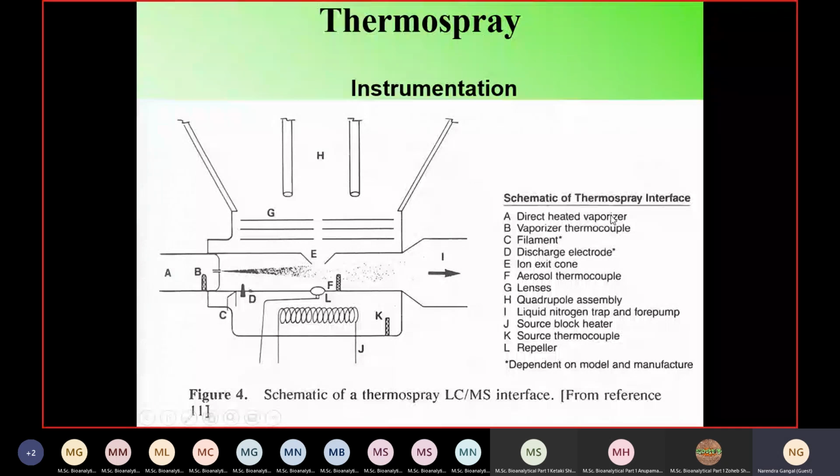So various parts of the thermospray are there. You can see from A to L. Let us see one by one.